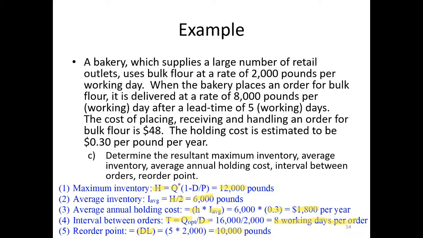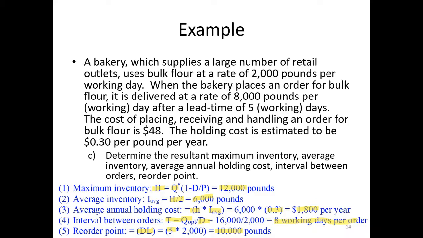Actually, you will notice here that you have a lead time of 5 working days, while the cycle time is actually 8 working days per order. So the difference here is not that big.